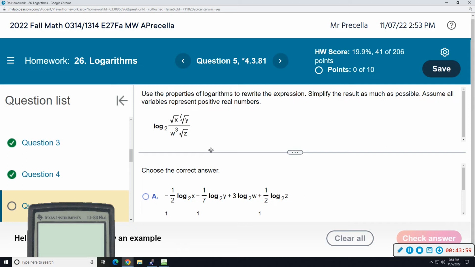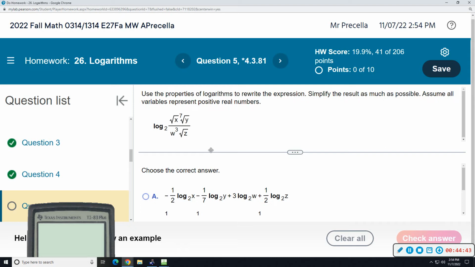Log base 2 of the square root of x times the 7th root of y, all over w cubed and the square root of z.